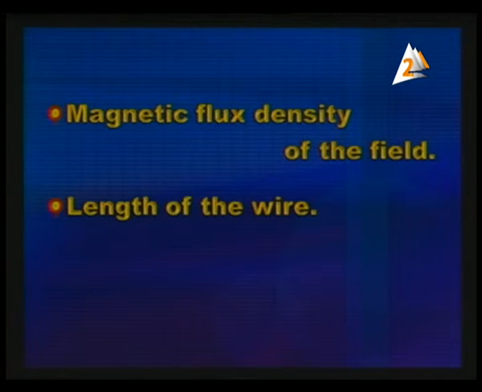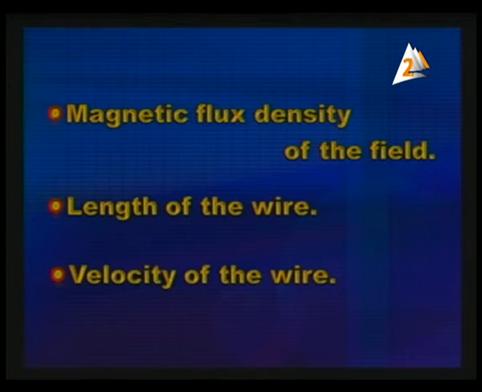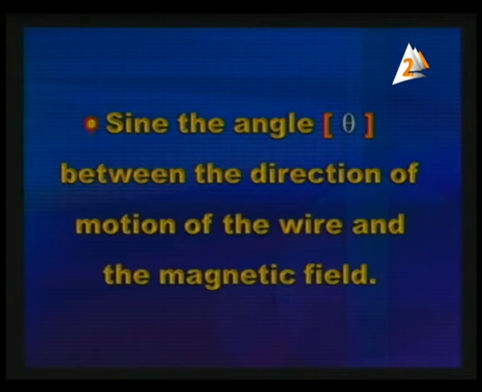Length of the wire, and velocity of the wire. And finally, sine of the angle between the direction of motion of the wire and the magnetic field. All factors are taken from the expression EMF induced is equal to BLV sine theta.